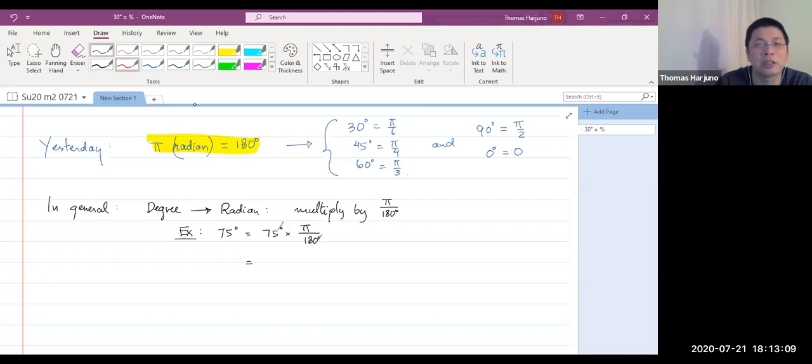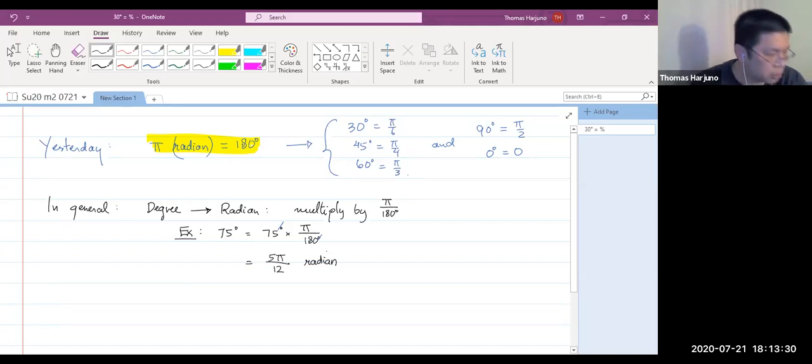And we get 75 over 180 reduced by 15, that would be 5 pi over 12. That's in radian. Again, sometimes we don't write that radian unit because radian measure is actually a unitless measure.